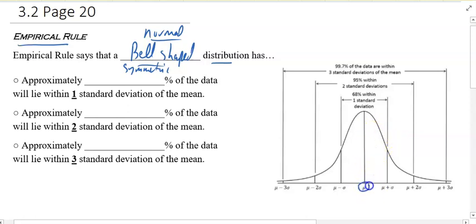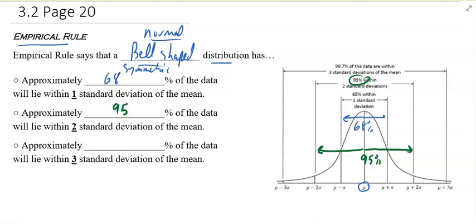You take the average. Within 1 standard deviation, if you add a standard deviation and you subtract a standard deviation, you're going to accumulate 68% of the measurements. If you take the average and you add 2 standard deviations and subtract 2 standard deviations, you're going to accumulate 95% of the population.